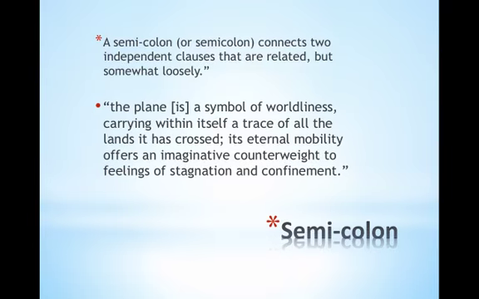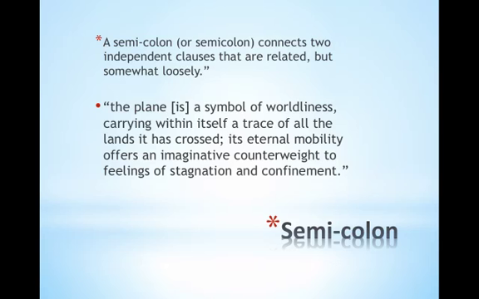So finally, we're at the semicolon, and we see the definition in the first bullet point. A semicolon, or semi-colon, just a spelling difference to do with the hyphen, connects two independent clauses that are related but somewhat loosely. So we see the sentence below. "The plane is a symbol of worldliness, carrying within itself a trace of all the lands it has crossed; its eternal mobility offers an imaginative counterweight to feelings of stagnation and confinement."